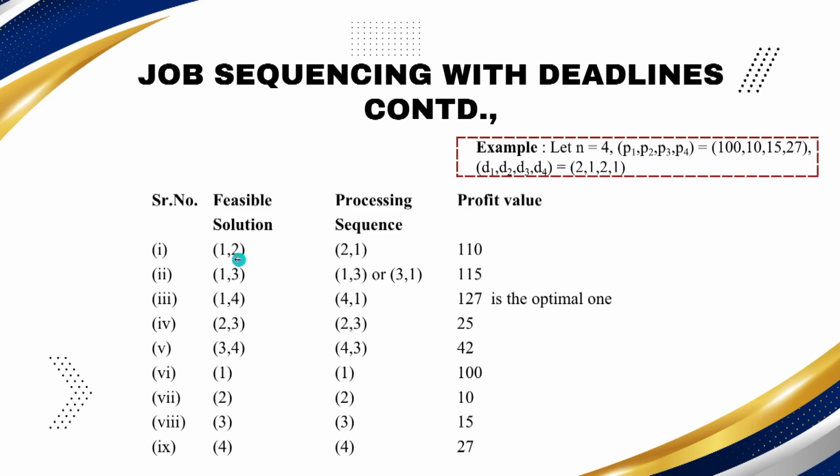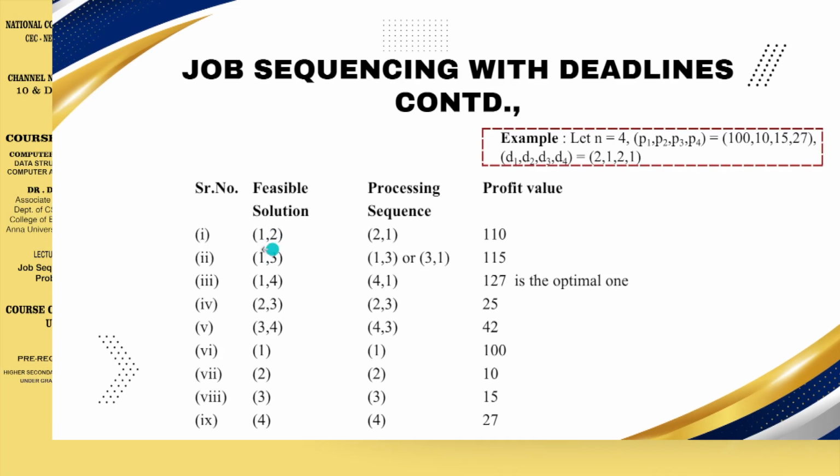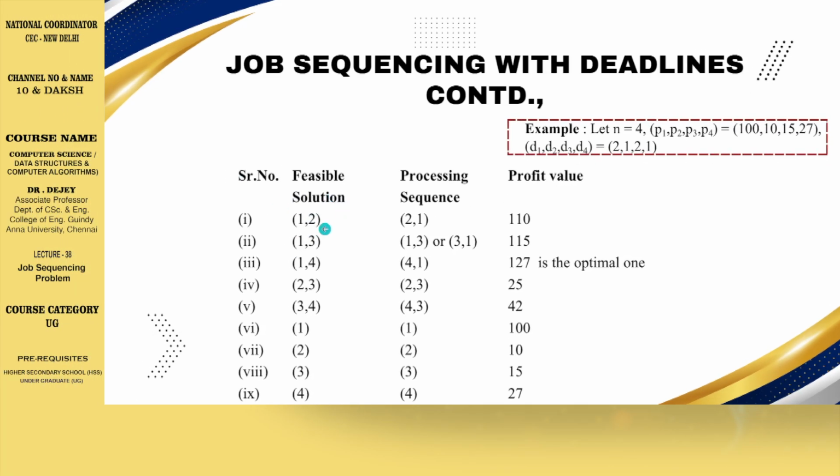So, now let us consider how this job sequencing can be done considering the deadline. Now, let us say that we have one of the feasible solutions as 1, 2, which means out of the 4 jobs we have on hand, taking up jobs 1 and 2 is the feasible solution. And now we look at its processing sequence.